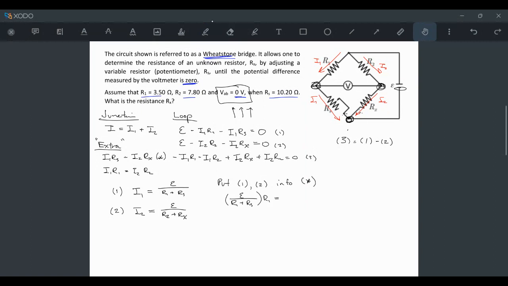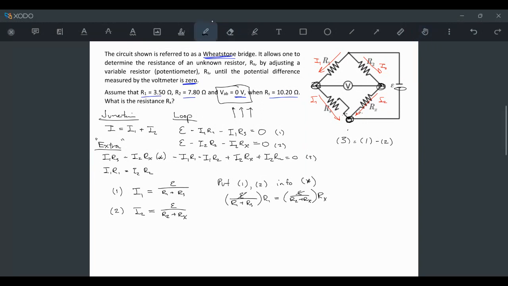Where we had I2, we will put epsilon divided by R2 plus Rx. And now we just need to solve for, oh, that was not R2, that was Rx. Yes, now we just need to work through the algebra and solve for Rx.